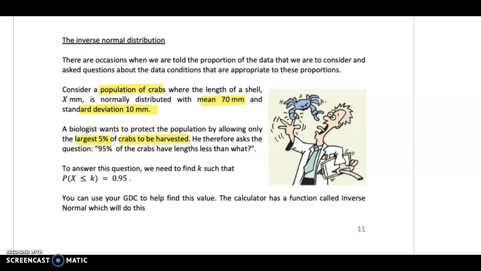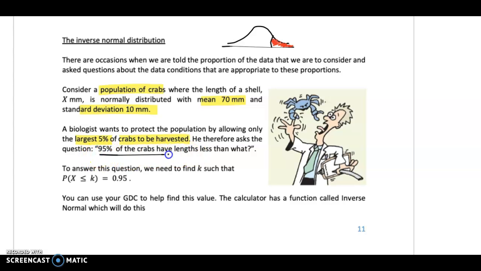The idea here is this: there's the largest 5%, right? The crabs to be harvested, therefore, asks the question of 95%.